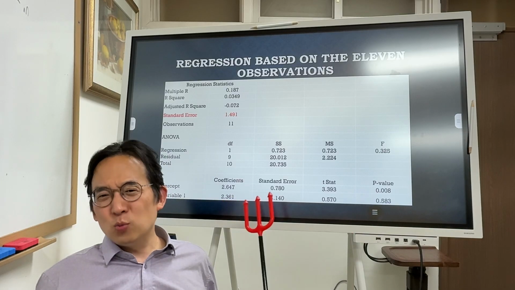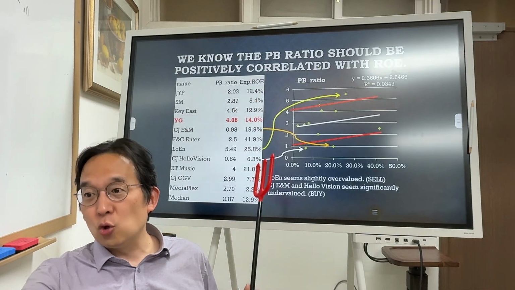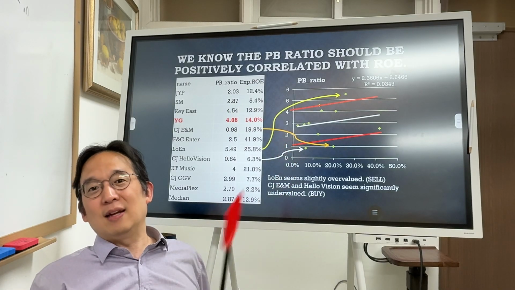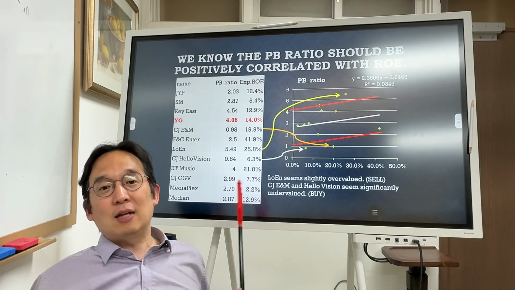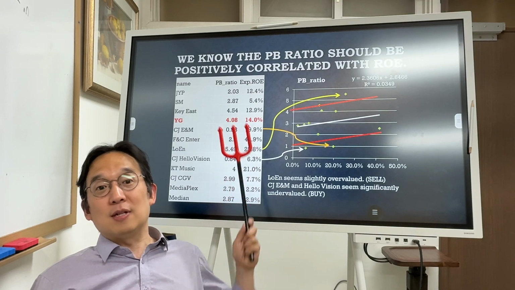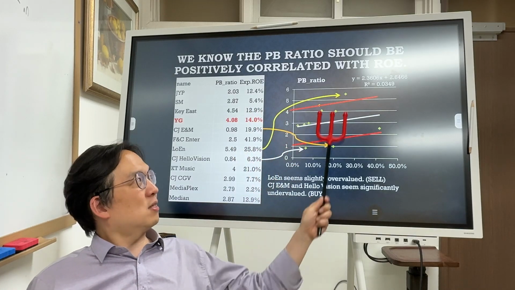It was just weakly confirmed, and I came up with the standard error so that I could draw a bound. With the caveat that it's just a weak result, I could roughly see some stocks are undervalued, some stocks seem to be overvalued, and YG was just in the band.